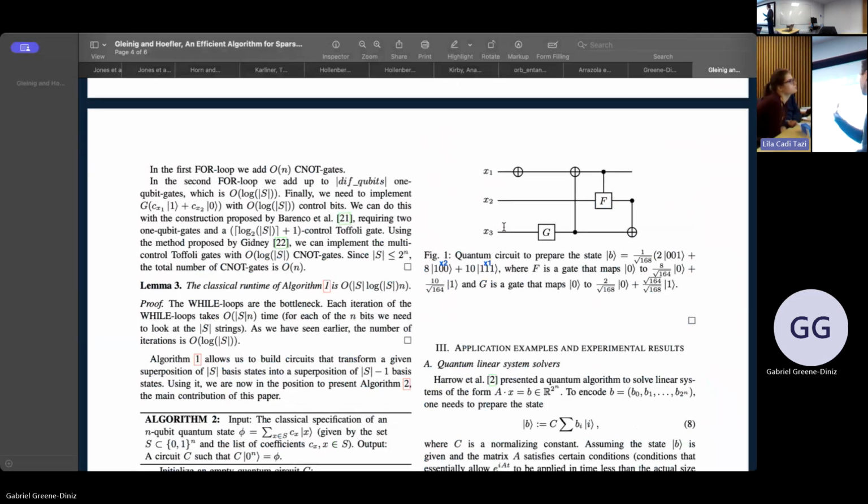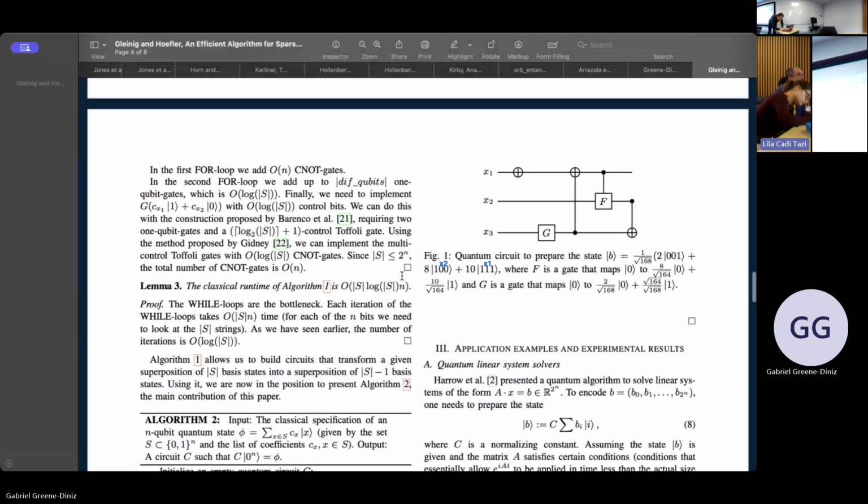Every iteration is going to add one of these single controlled unitaries plus some other controlled operations like C-NOTs in order to make the state vector the desired one. But the number of those while loop iterations is actually logarithmic in the number of basis states.